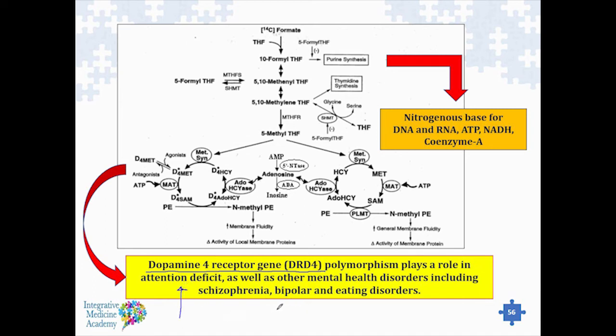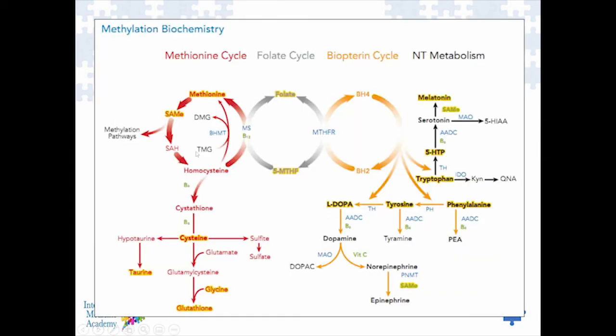It's been linked to schizophrenia, bipolar, and eating disorders as well. So it's not just the methylation cycle, it's not just the folate, it's not just the biopterin. All of these things are interacting. There's an overlap between all of this.